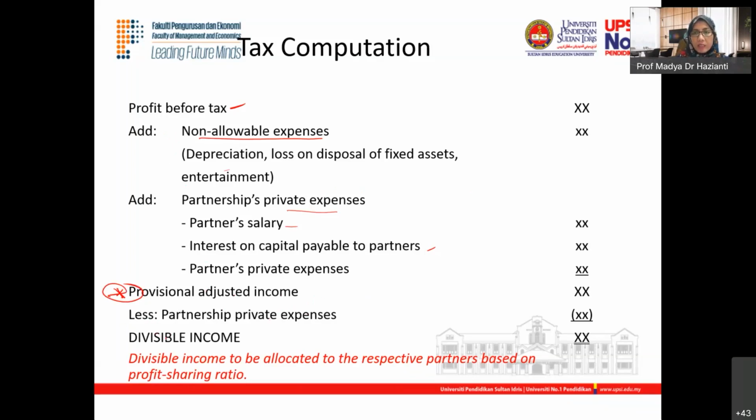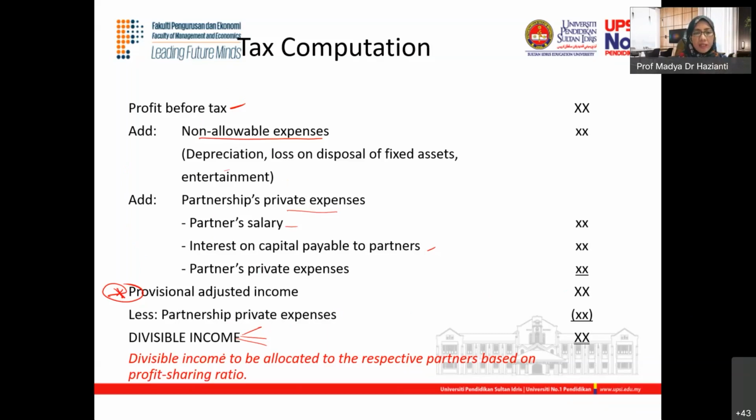Because why? Because we need divisible income. Divisible income ni maksudnya if let's say you ada 3 orang dalam partnership tu, ini semua total sampailah ke divisible income. Daripada sini baru kita nak bahagi 3. Right? Dia bukan daripada sini terus bahagi 3 tak. Buat all the adjustment dulu, tolak the private expenses dulu, baru bahagi dekat all the partners.